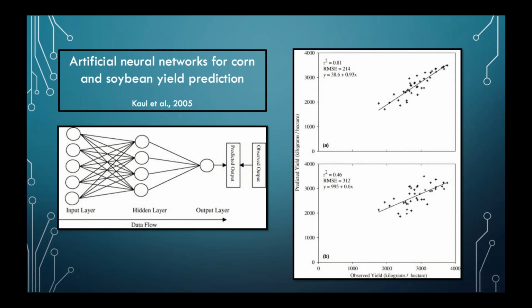And they show this here. So these are yields. And so the figure on the top is their neural network for yield prediction, and this is of soybeans. And so we can see their R squared, it agrees with the actual, which they collected, much better than the models they used below. And they also reduce the error as well.